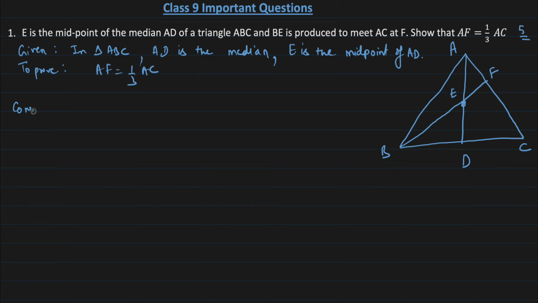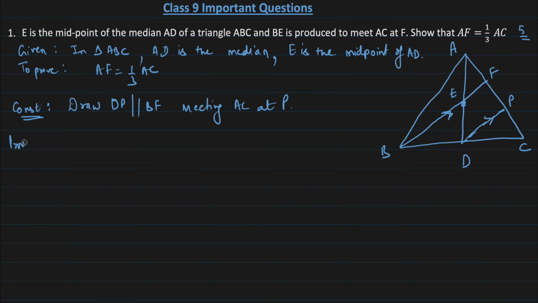So, to prove that, we have to do some construction because there is no way to prove otherwise. So, what we do is we'll draw a line DP parallel to BF by construction, meeting or intersecting AC at P.